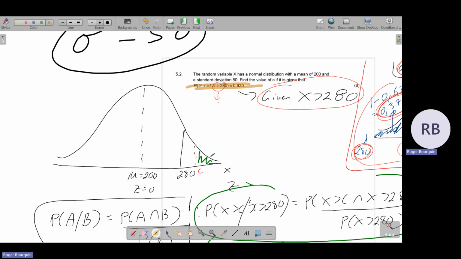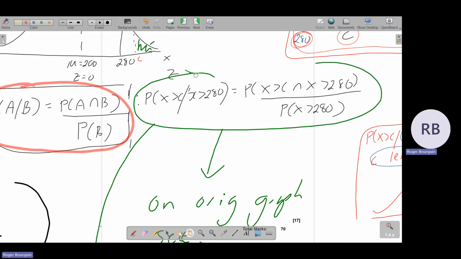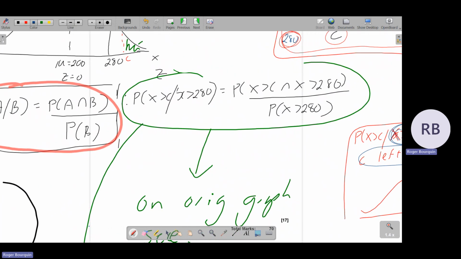And the question is, I've got to figure out c. Now this is a conditional probability question. So we've established c is to the right. For a conditional probability, we've got this formula: the probability of A given B is equal to the probability of A and B over the probability of B. So for this question, the probability of x bigger than c given x bigger than 280 is equal to the probability of x bigger than c and x bigger than 280, over the probability of x bigger than 280.